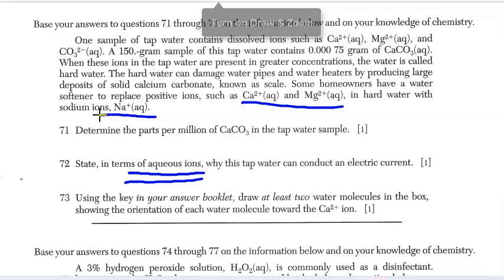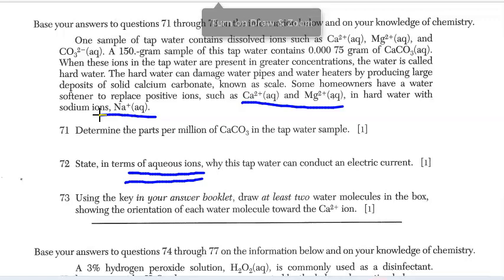There's a picture on the answer booklet that asks you to draw two water molecules. If you just draw one, you're going to have a problem. You can draw more than two, but you can't draw just one water molecule, showing the orientation of each water molecule towards the calcium ion.